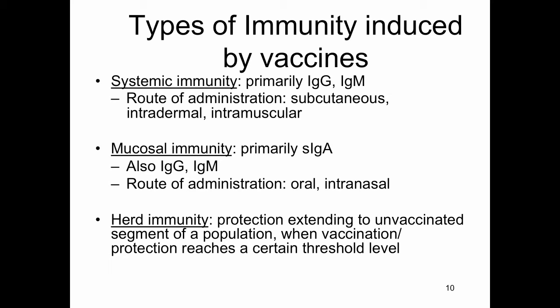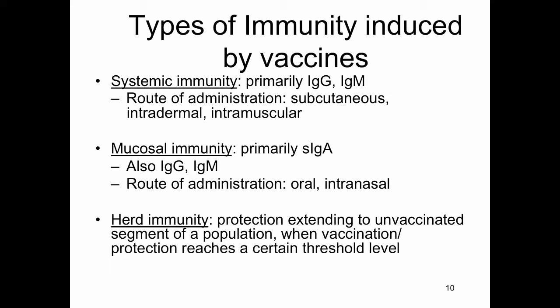A third kind of immunity that's induced by vaccines is really indirect, and it's called herd immunity. What that refers to is the phenomenon by which, if you have a population of people that's fairly highly covered with a vaccine, let's say 80% of the population is protected, that will limit the ability of the microorganism targeted by the vaccine to spread in that population to unvaccinated people.